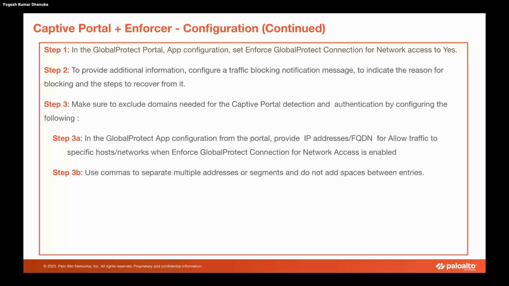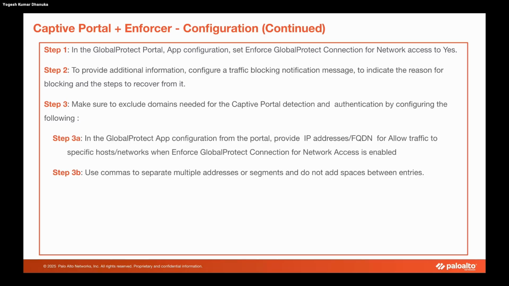Some best practices in terms of configuration. Whenever there are use cases where the users would travel and they would need to encounter a captive portal, and the requirement of the organization is to use network enforcer, be sure to configure a traffic blocking notification message. Like we saw in that video, a notification message should come up and let the user know that there is a captive portal detected, and that network enforcer is turned on.